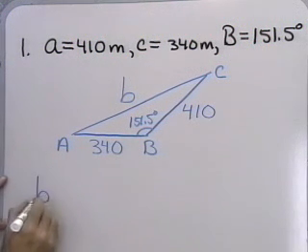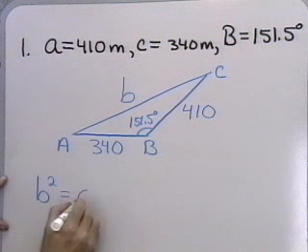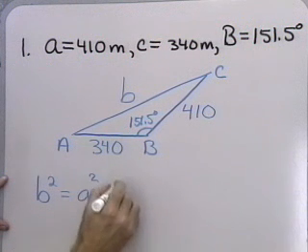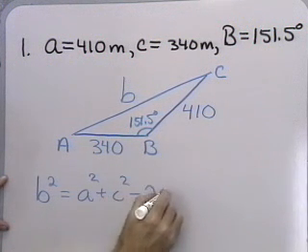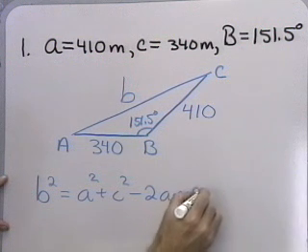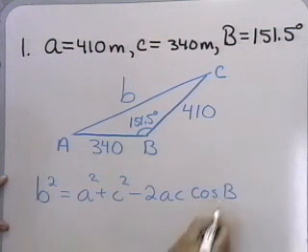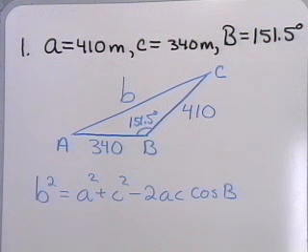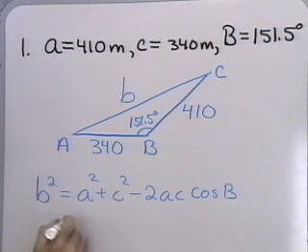So what I have using the law of cosines is this. B squared is A squared plus C squared, the other two sides, minus twice their product, 2AC, cosine of the angle between them, or the angle opposite side B. Now, I'll substitute in for these.